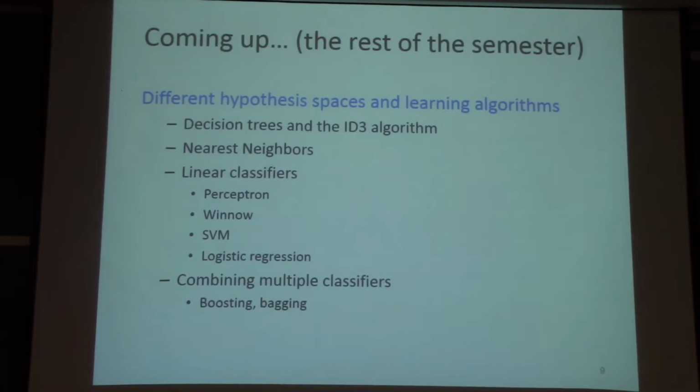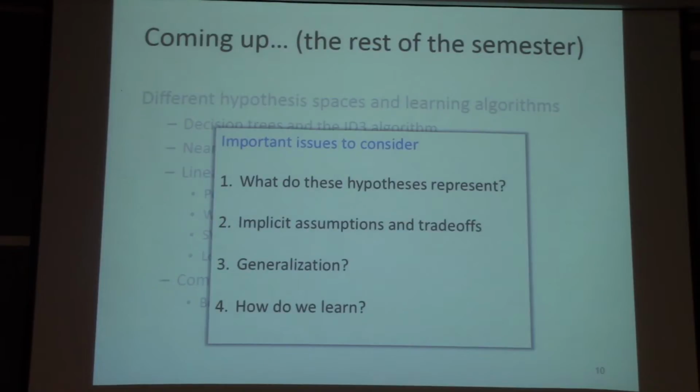But across all these cases, the primary issues that we'll consider are, okay, sure, you're going to find a hypothesis space, but we have to reason about what kinds of functions they represent. If you don't know what you're learning, it's not clear whether you're learning at all. The second thing is the trade-off between generalization and overfitting.